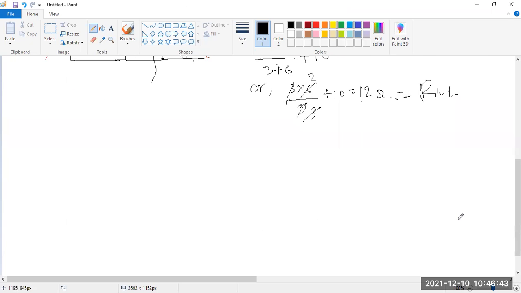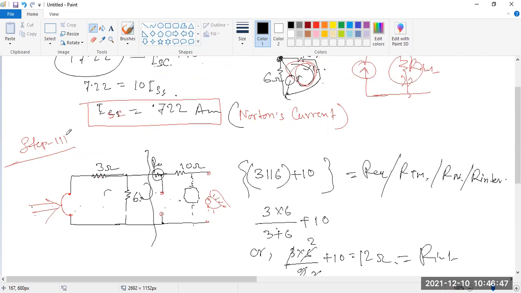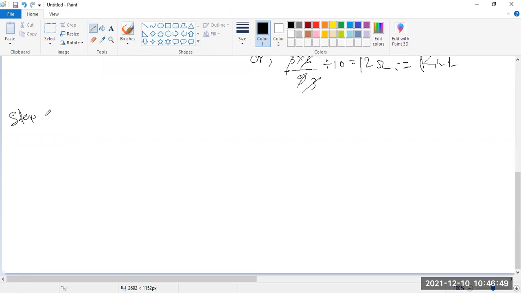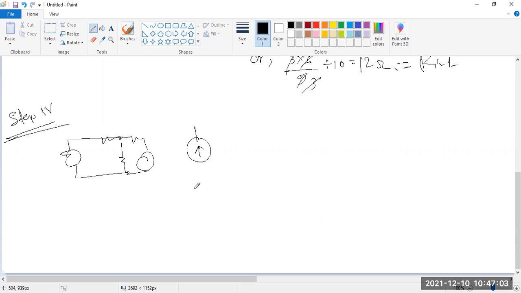Now remember the Norton theorem. Just remember the Norton theorem. What is the step? Step will be 4. The Norton theorem tells that any circuit will be replaced by its current source, which is the short circuit current, when the load terminal is open and made short.